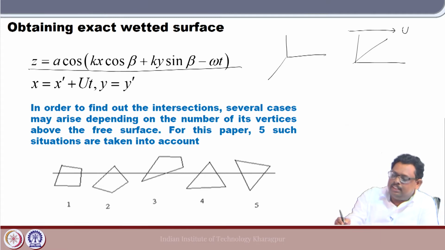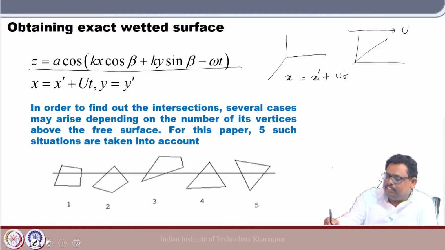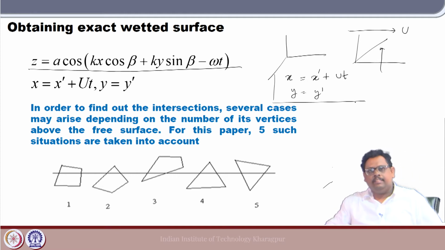So, x is the earth-fixed and x dash is the body-fixed, and both are related by the equation x equal to x dash plus u t, fine. And since there is no linear movement in the y direction, y is equal to y dash. So, this is actually the whole picture. Okay.